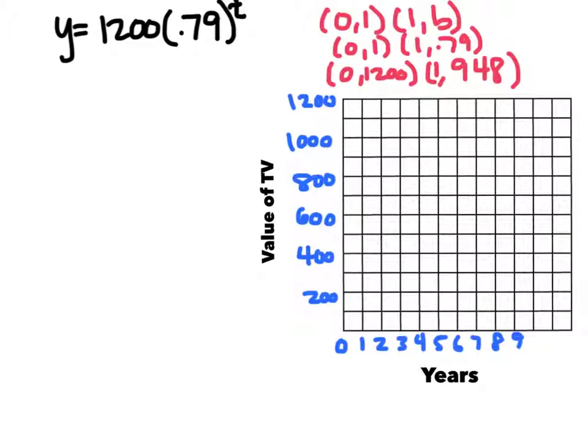Let's try to think about it in another way. If you were to just plug in 0 for t, anything to the 0 power is 1. Just think about it in the sense of after 0 years, how much was the TV worth? After 0 time has passed, it's worth the full $1,200. So we know that we have the point 0, 1200.